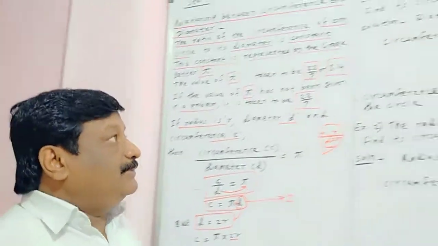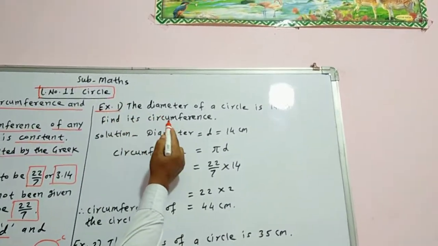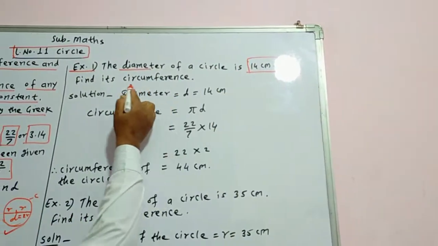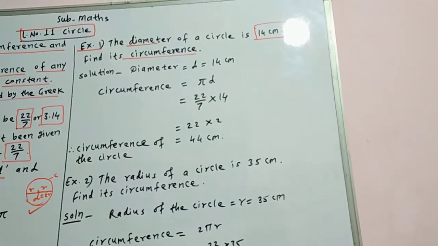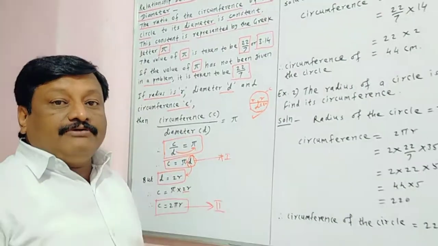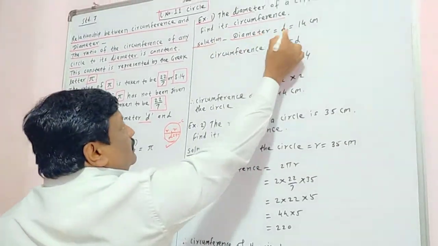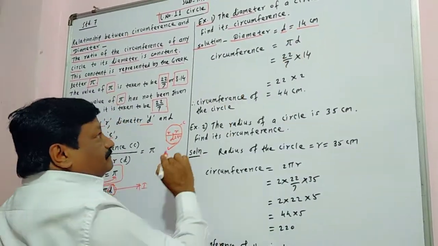By using these equations, we can find circumference of a circle. Now first example, the diameter of a circle is 14 centimeter. Then find its circumference. Diameter is given, we have to find circumference. Solution. Diameter D equal to 14 centimeter.